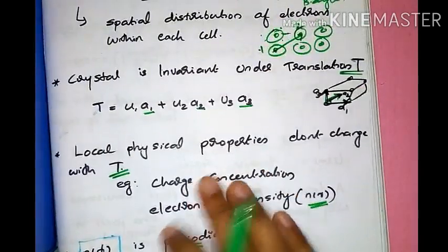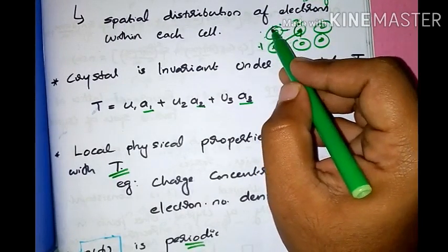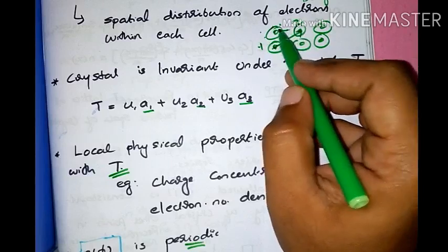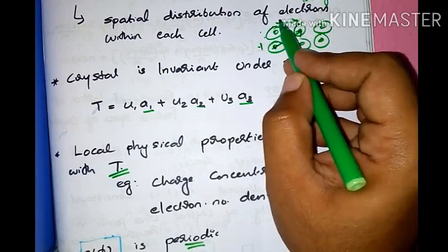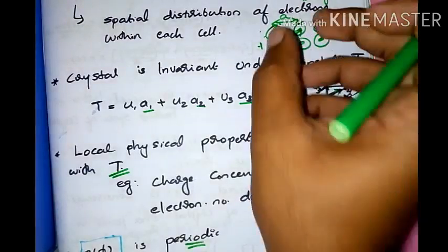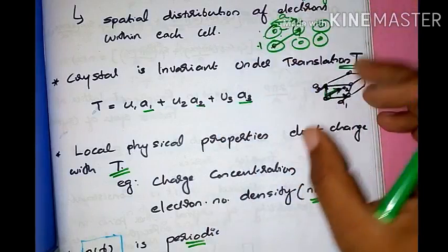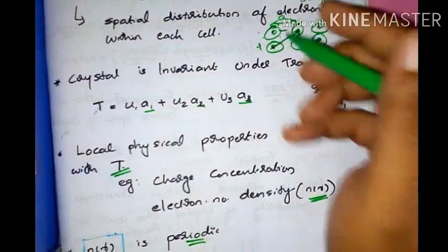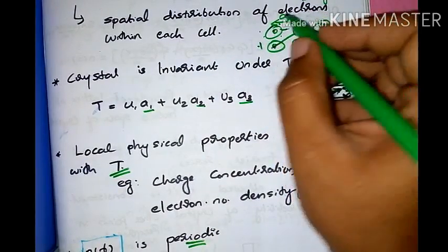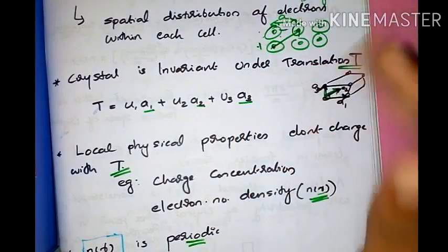It will have a periodic property because here we have some electron density, and in the next lattice point that exists after a small distance a, called the lattice constant, we have the next molecule, and it will have an electron density around it. So the electron number density n(r) is always a periodic property.